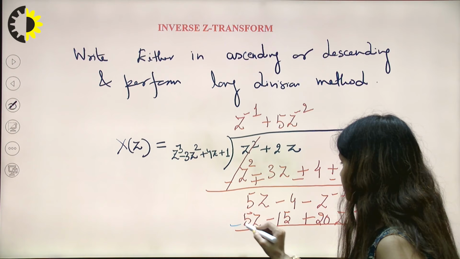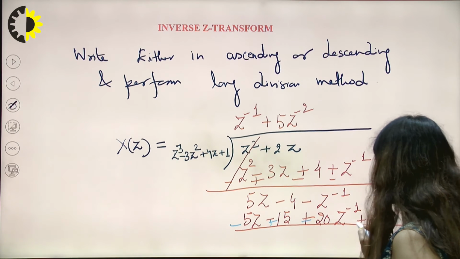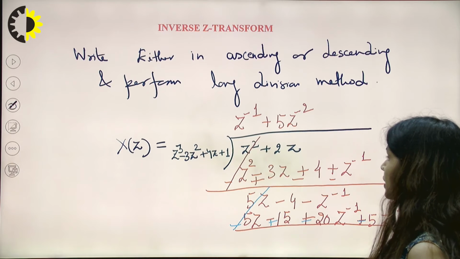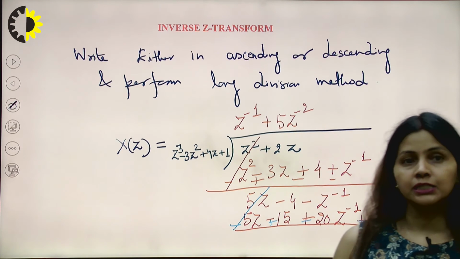So I will be subtracting like the normal division method. So this term will be cancelled out, and hence I will repeat this process.